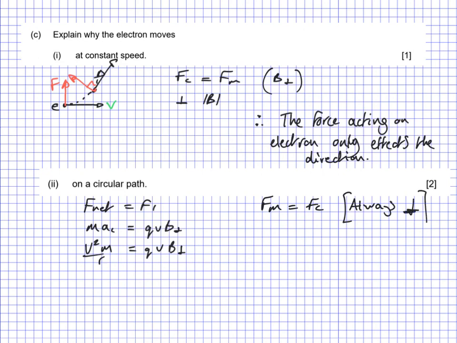Okay, now, in reality, you may have seen some bubble chamber stuff. In reality, as the electron moves through a medium, it would actually slow down. So don't get this confused with some of the particle track stuff you may have seen with particle physics. Normally what would happen is the electron would do this, and that's because it is slowing down.